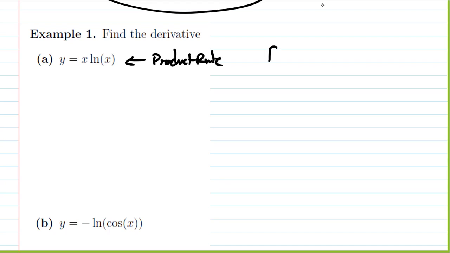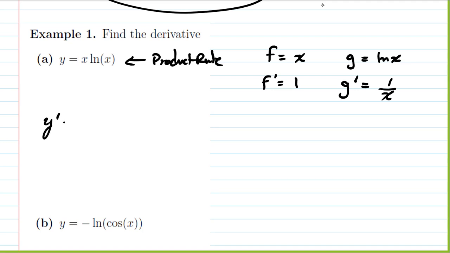In our product rule, our f is going to be x, and our g is going to be ln x. So our f prime is going to be, the derivative of x is 1. And as we just saw, the derivative of the natural logarithm of x is 1 over x. Then our product rule says y prime is g f prime plus f g prime.